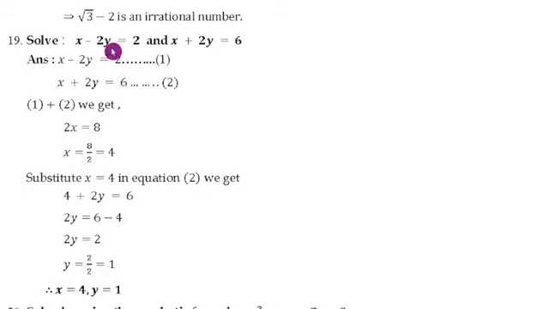So add these two, so you will get 2y plus 2y... the y terms get cancelled, so you will get 2x is equal to 8, so x is equal to 4. So you got the value of x. Substitute the value of x in equation 1 or equation 2, so you are going to get the y value, so that is x is equal to 4, y is equal to 1.